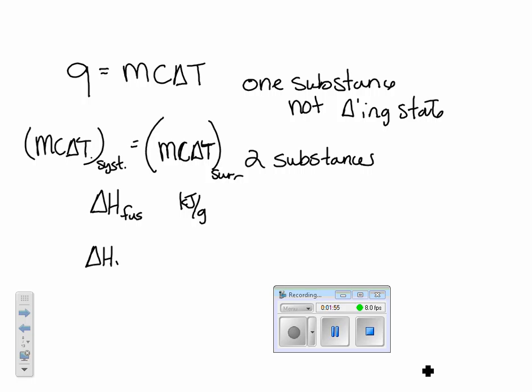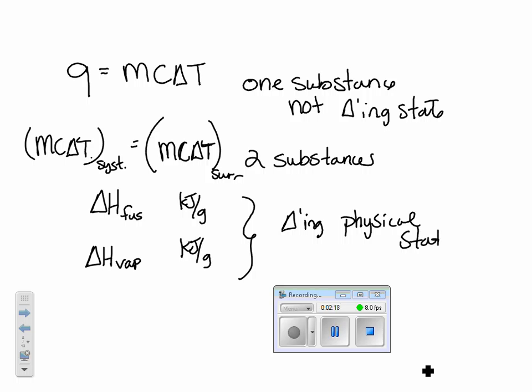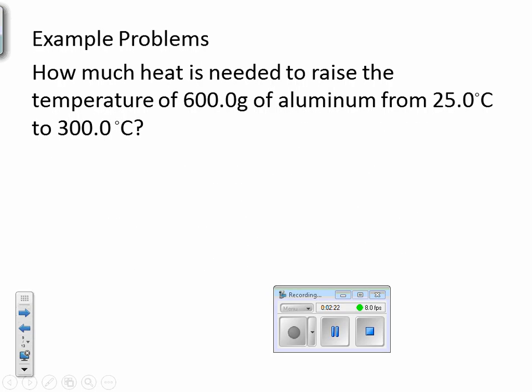So enthalpy of vaporization for boiling and condensing, that's going to give us some amount of heat, again in kilojoules per gram or kilojoules per mole. So this is how we're going to solve these problems when these substances are changing physical state. So keep that in mind as we go through these, and let's get started. Pause the recording when need be.